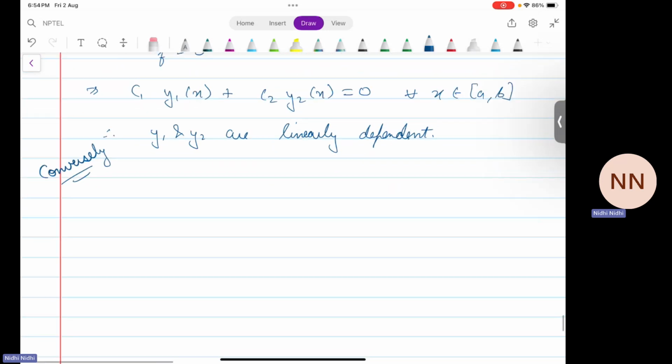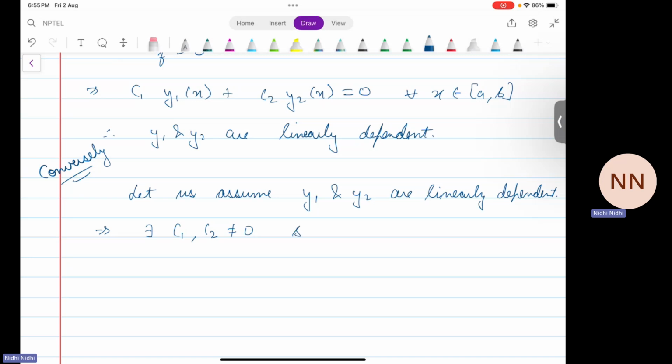Let us assume y1 and y2 are linearly dependent. We need to show that their Wronskian is 0. Since they are linearly dependent, there exist c1, c2 non-zero such that c1y1 plus c2y2 is equal to 0.